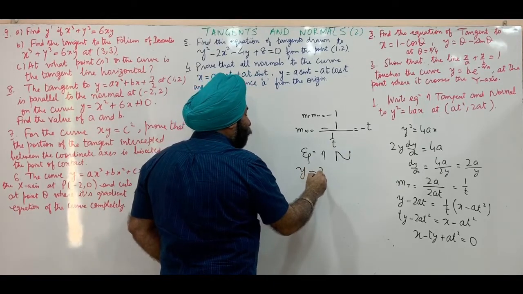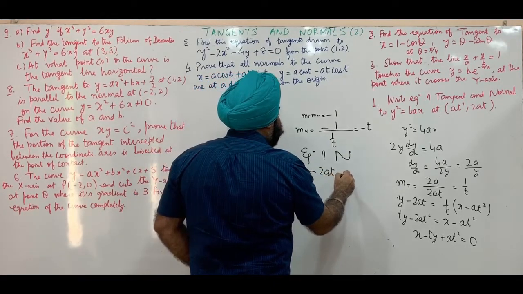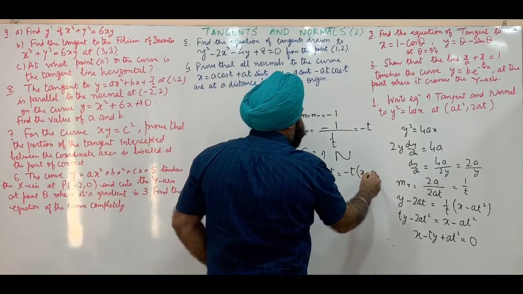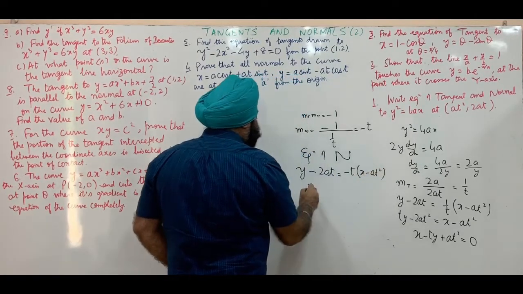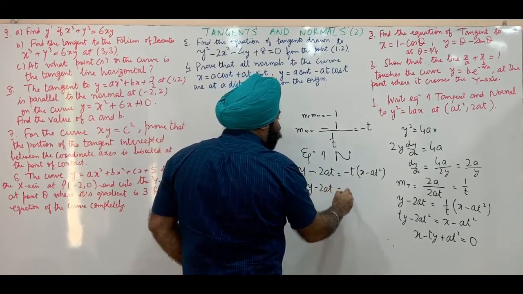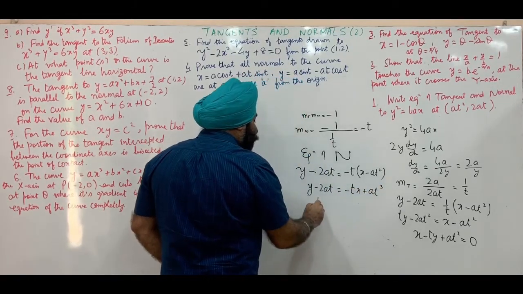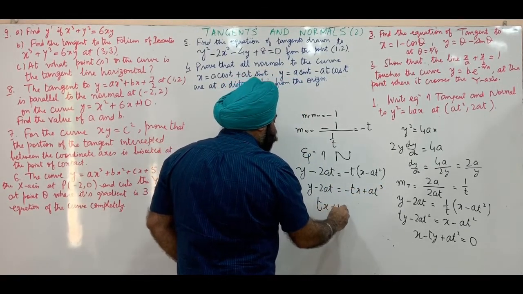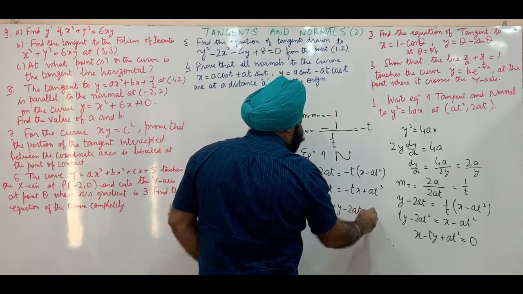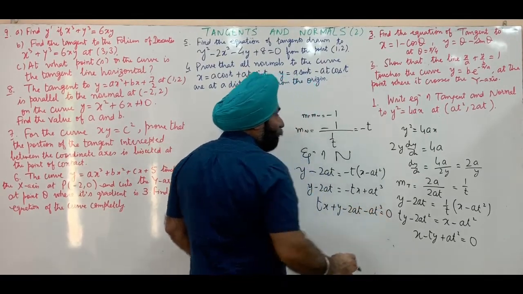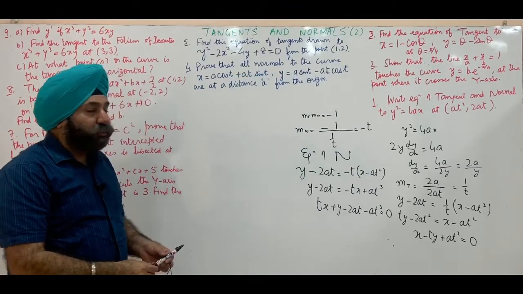Y minus y1 is equal to slope minus t into x minus x1. That's y minus 2at is equal to minus tx plus at cube, or tx plus y minus 2at minus at cube is equal to 0. This is the equation of normal.